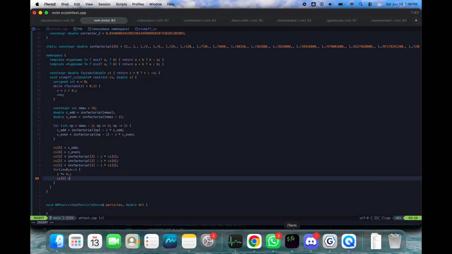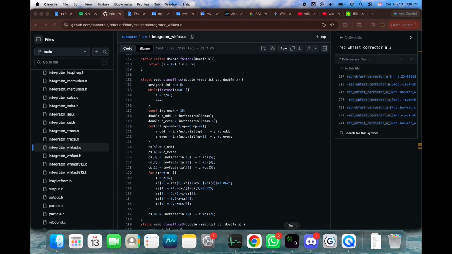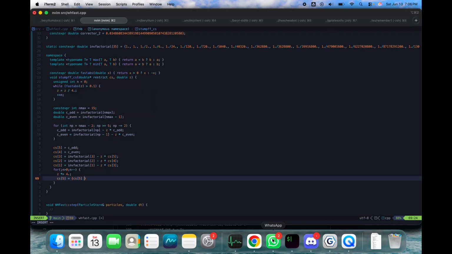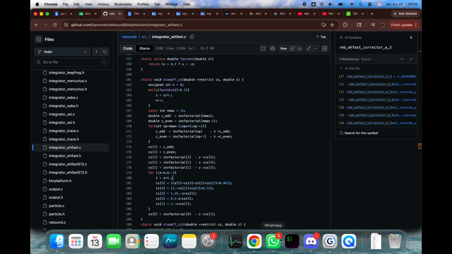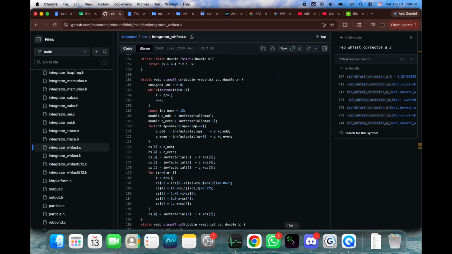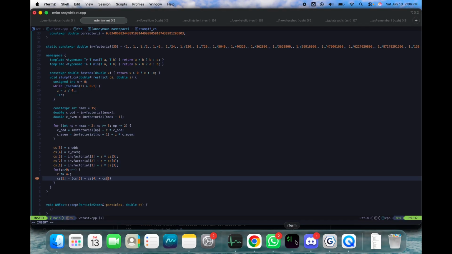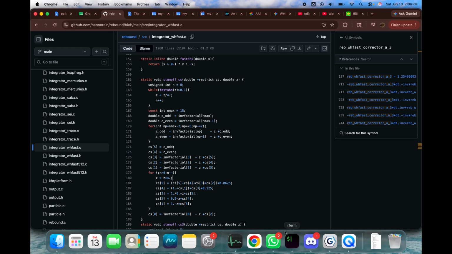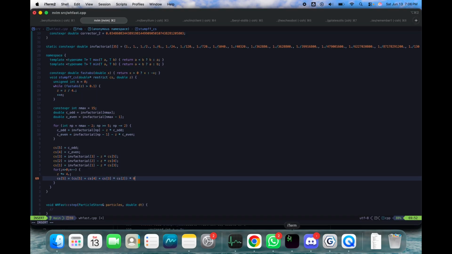CS index 5 equals CS index 5 plus CS index 4 plus CS index 3 times CS index 2, and times 0.0625.